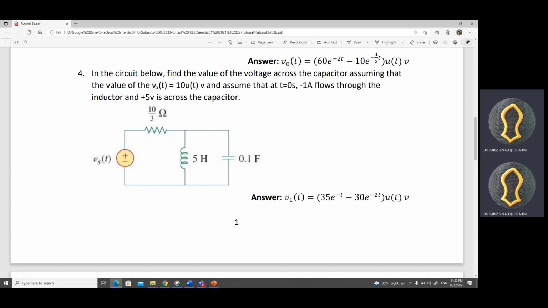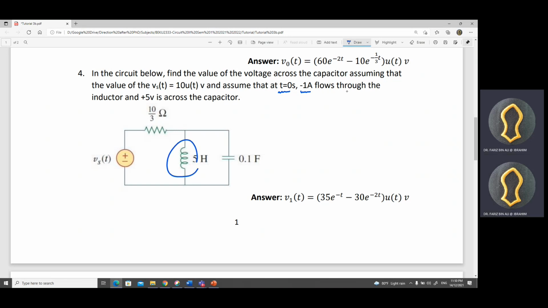Okay, so what is the meaning of this statement here? At t equal to 0, that means the initial value is given. This is actually the initial value. So this initial value is equal to minus 1 ampere at the inductor.